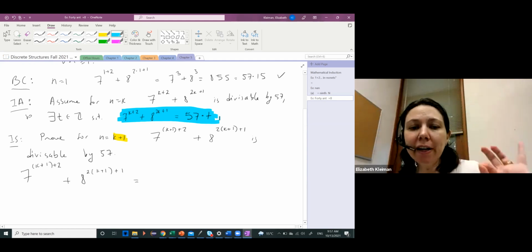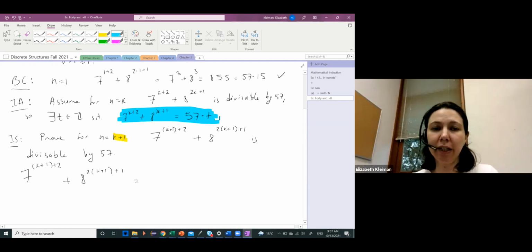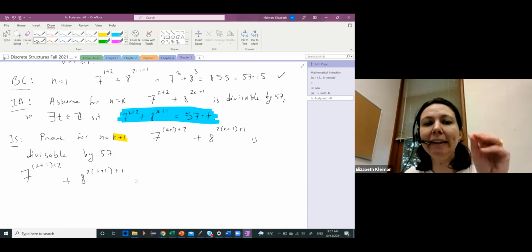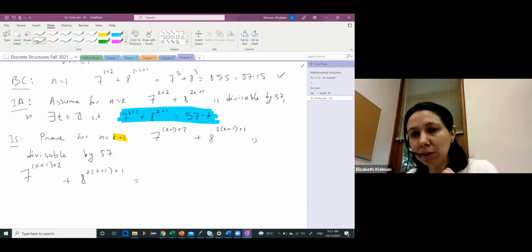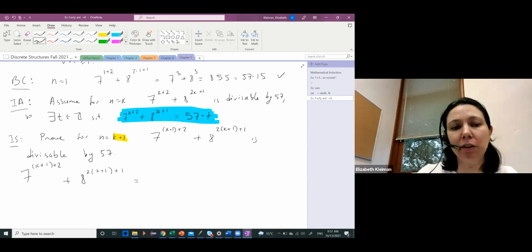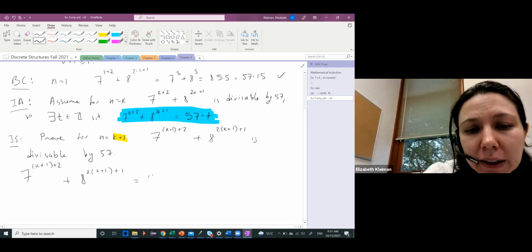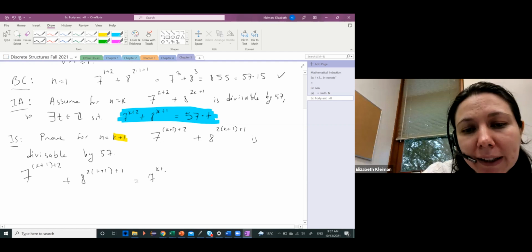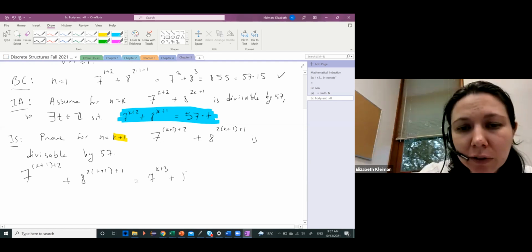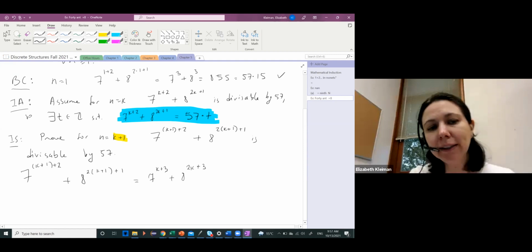Where I really want to get to is something with 7 to the power k plus 2 and 8 to the power 2k plus 1. That's what I want. So let me look at it. What I really have here is that, correct? Not exactly what I want. And what we have here is that, right?